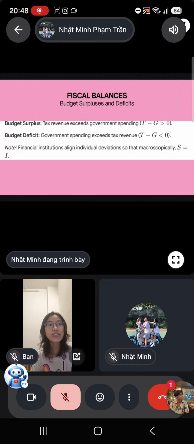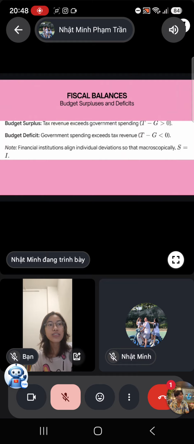In this example, the equilibrium is at a 5% interest rate and a 1,200 billion volume.